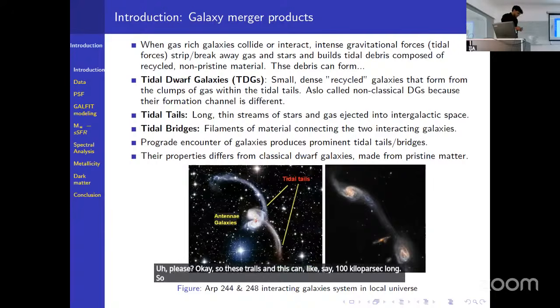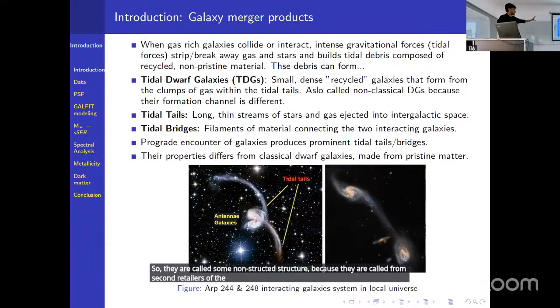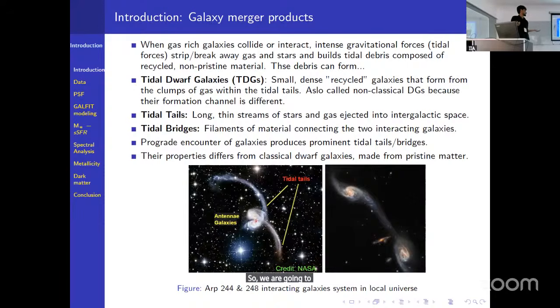Another thing that can happen is that the gas stripped from the disk can collapse under gravity and form some dwarf galaxy structure. They are called non-classical dwarf galaxies, because they are formed from the second-generation material of the parent galaxies, and they have some different structure in terms of metallicity and dark matter. So we are going to explore some properties of these non-classical dwarf galaxies, also called tidal dwarf galaxies.